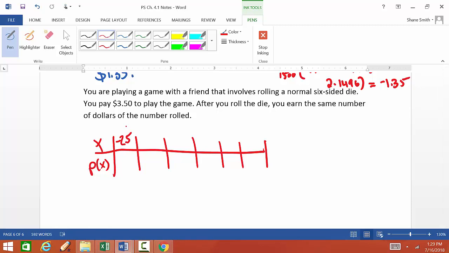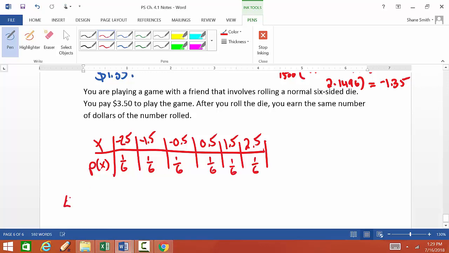And we do this with every roll. So for example, if I roll a 2, I'm really losing $1.50. If I roll a 3, I'm only losing 50 cents. If I roll a 4, now I'm starting to make money. If I roll a 5, I have $1.50, and if I roll a 6, it's $2.50. And because it's a 6-sided die that we're assuming is fair, the probability of each of these rolls is 1/6.